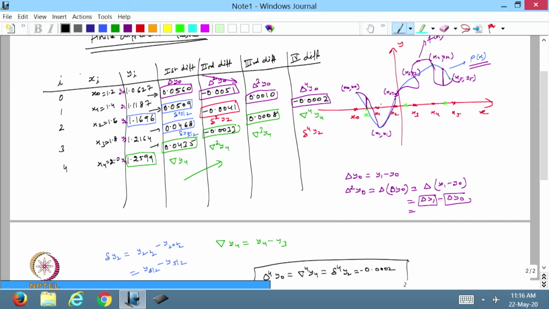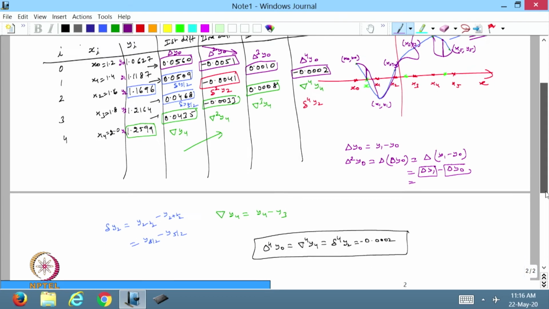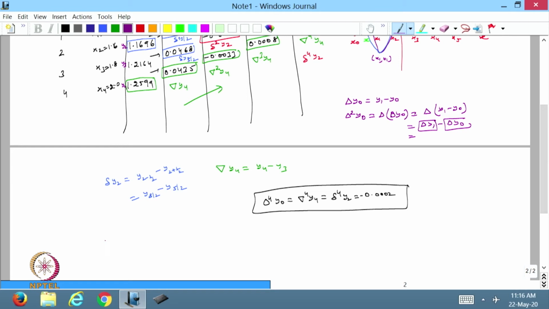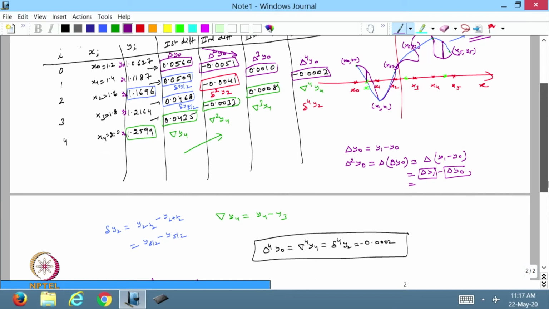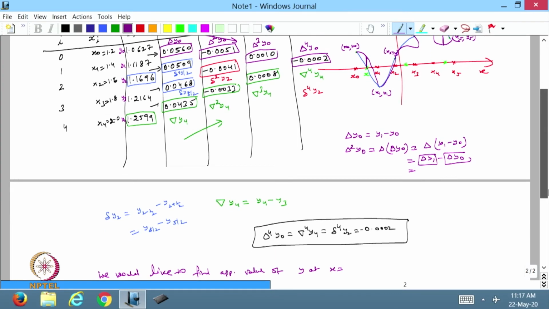So, in this case, suppose based on these values I want to find the approximate value of y at x equal to, say, 1.3.